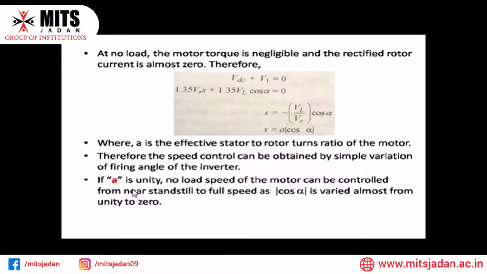If A is unity, the no load speed of the motor can be controlled from near standstill to full speed, as we know that modulus of cos alpha varies almost from unity to 0.